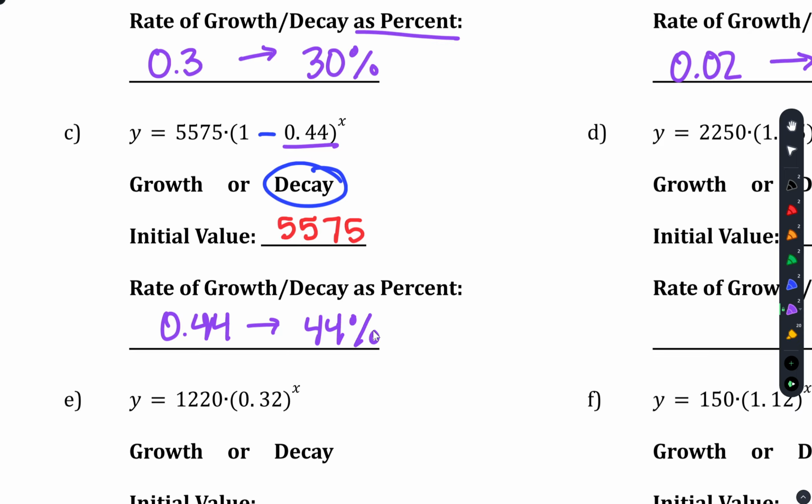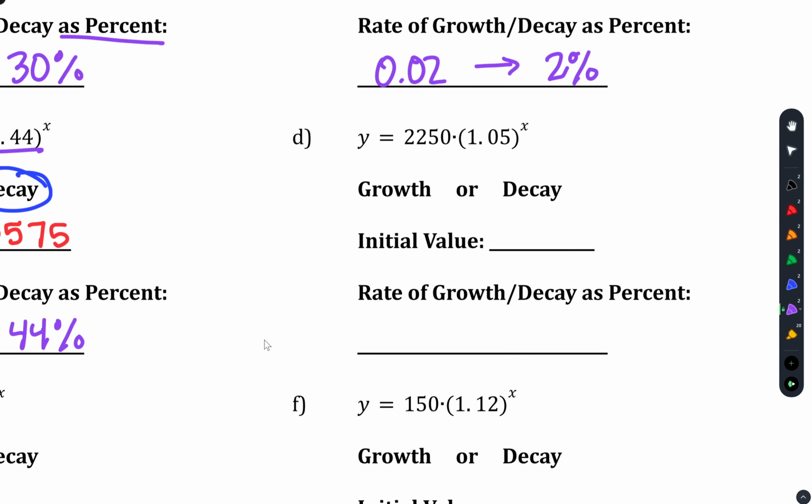Any questions on that part? Still pretty straightforward? I'm going to switch it up on you just a little bit here. Take a look at D. Growth or decay here? Growth, it's bigger than 1. My initial value, 2,250. And then what is my rate of growth or decay?